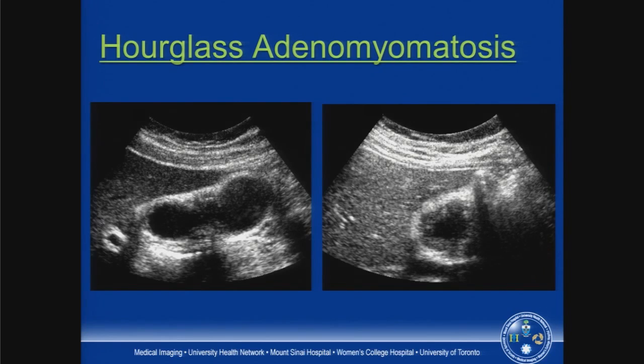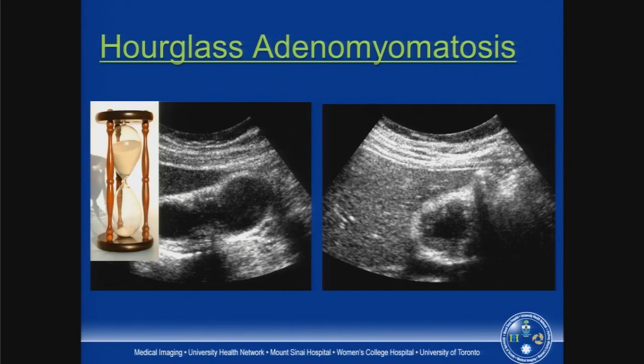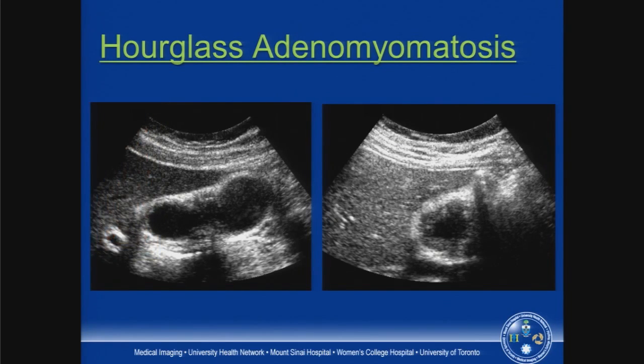The first I'll show you is this hourglass adenomyomatosis, where you get mass-like thickening around the waist of the gallbladder. And if you look carefully here on the near wall, there are a couple of high attenuation foci. They're not causing comet tail artifact, but that may suggest a little bit that you're dealing with adenomyomatosis.